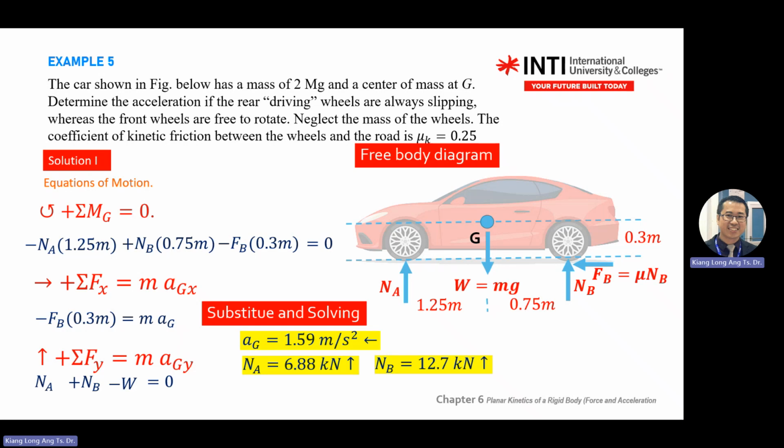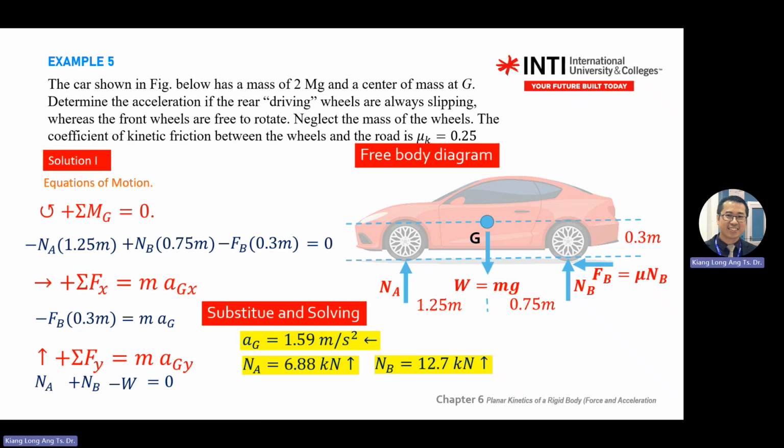You substitute, M is 2,000 kilogram. Mu, in this case, you don't substitute your friction first, because sometimes you don't need to substitute.